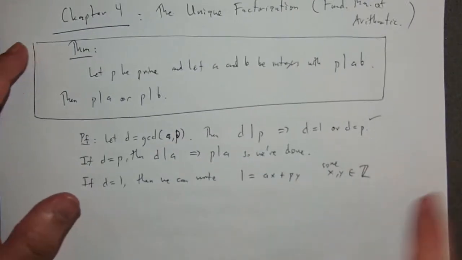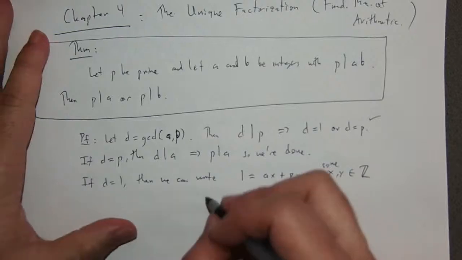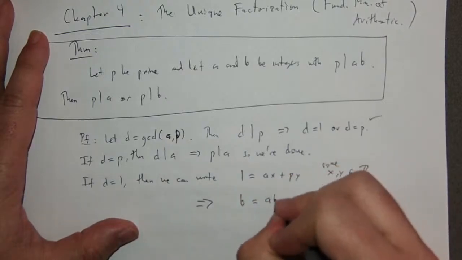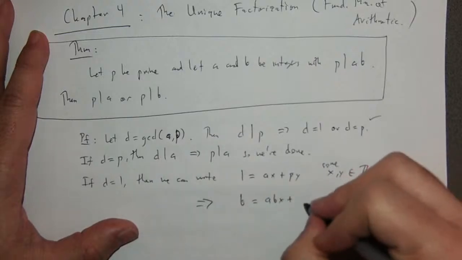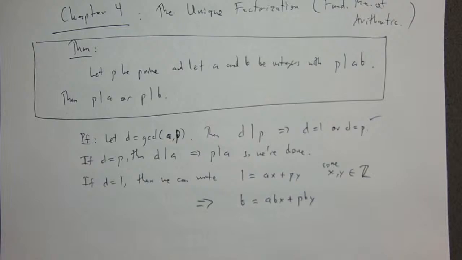Once you have this, and as I mentioned before, this is something that you're going to do a ton in number theory proofs, I multiply both sides of this by B, so I get B is equal to ABX plus PBY.